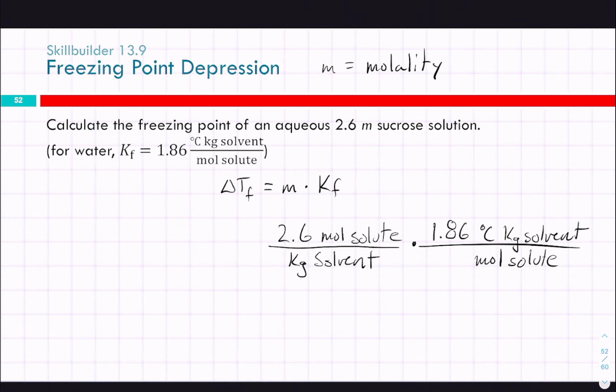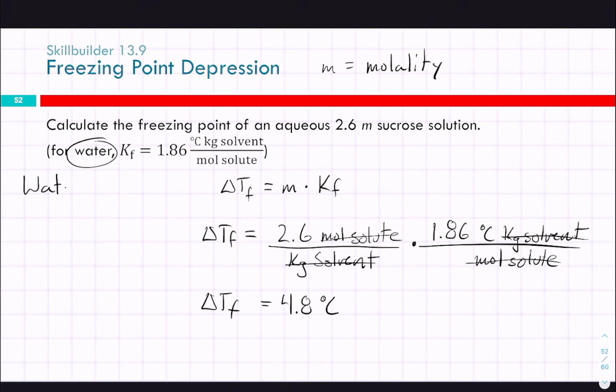So when we multiply this, our moles of solute cancels with moles of solute, kilograms of solvent cancels with kilograms of solvent. And all we're left with is degrees C. So 2.6 times 1.86 gives us, with correct sig figs, 4.8 degrees C equals delta TF. But we're not done. The freezing point is not now 4.8 degrees C, because remember, this is for water.